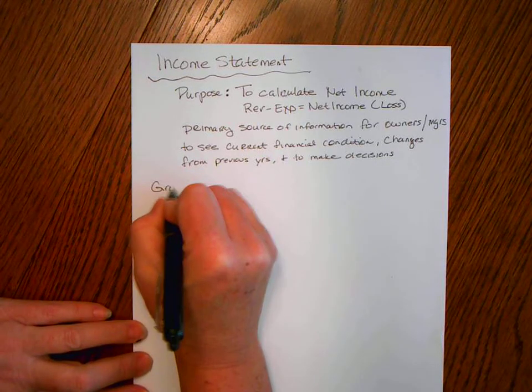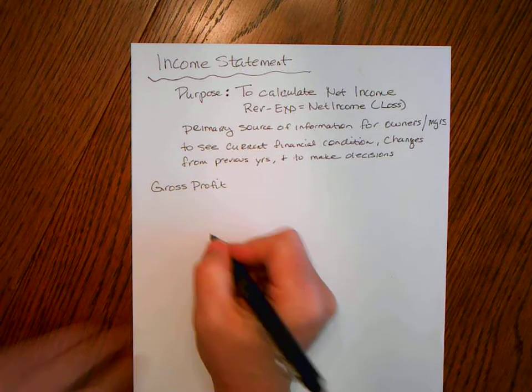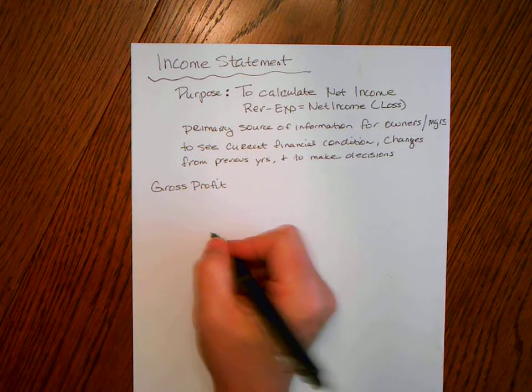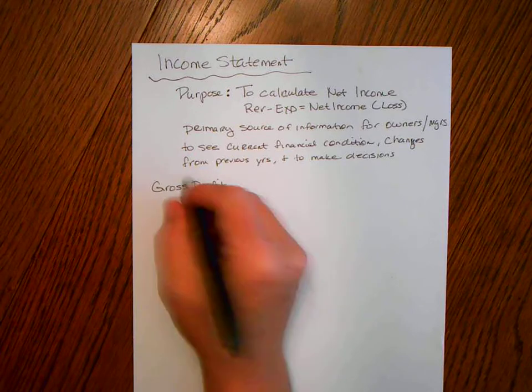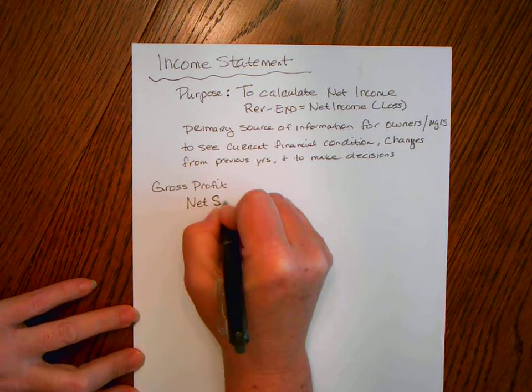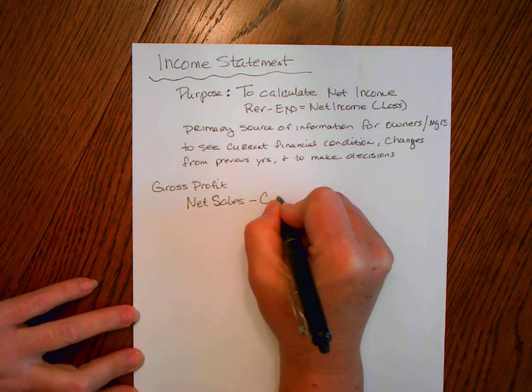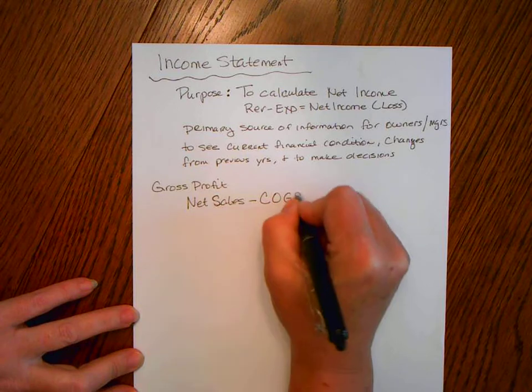So one of the things that we're going to find on our income statement is gross profit. And gross profit is net sales minus cost of goods sold.